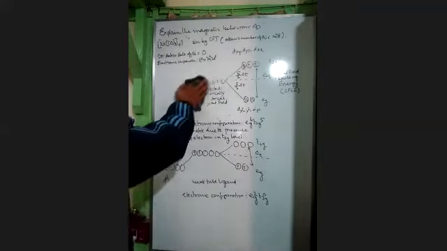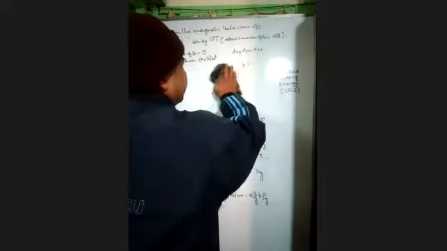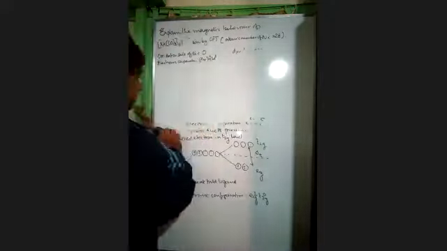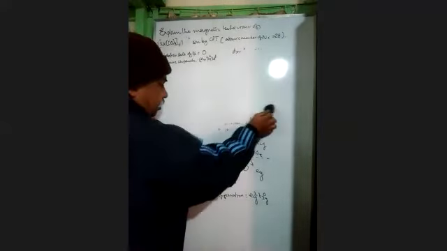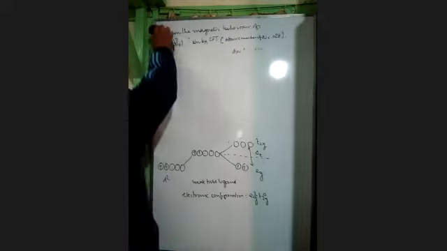Crystal field theory could explain the color of the coordination compounds. See, how does it explain? Okay, first we'll write it.